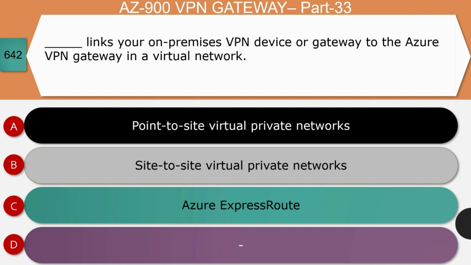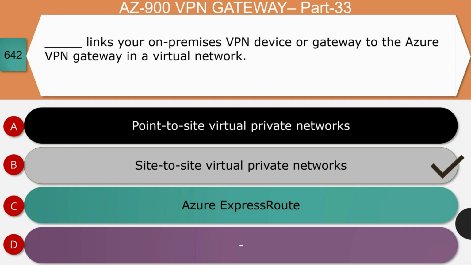Next question. Dash links your on-premises VPN device or gateway to the Azure VPN gateway in a virtual private network. Is it point to site virtual private network, site to site virtual private network, or Azure Express Route? You need to be careful in understanding the question. You have a device in an on-premises network.